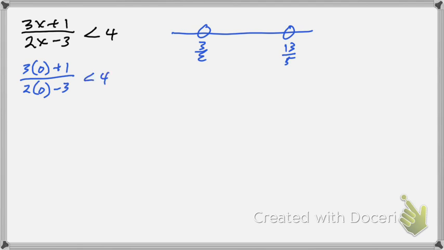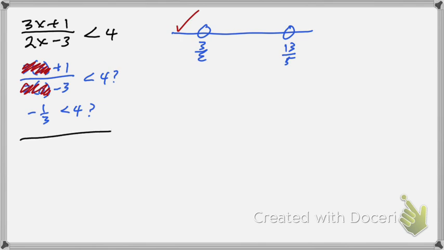Is that less than 4? So 3 times 0 is 0. 2 times 0 is 0. So on the left-hand side, I've got minus a third. Is that less than 4? Yeah. That worked.